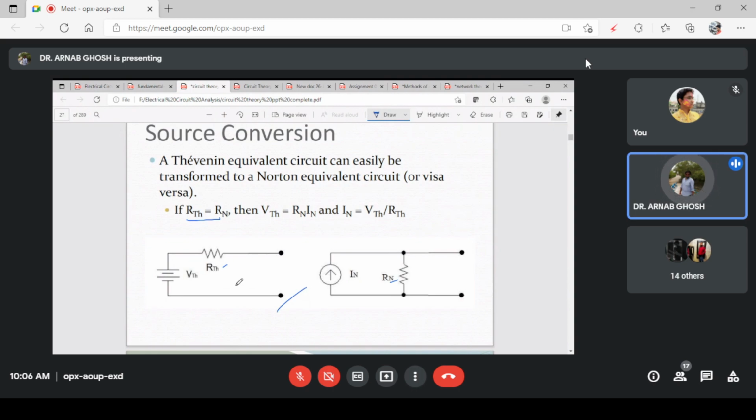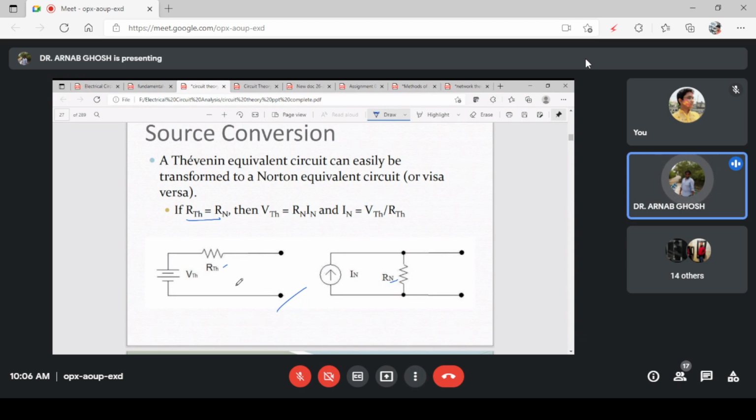So this is what I mean by the duality of Thevenin's and Norton's theorems. These are dual theorems. The processes are different. When you are given a question in your examination, you have to apply the particular process mentioned in the question, but the result that comes out would be the same. If you calculate the load current using Thevenin's theorem, and if you calculate the load current using Norton's theorem, both load currents will be equal in value.